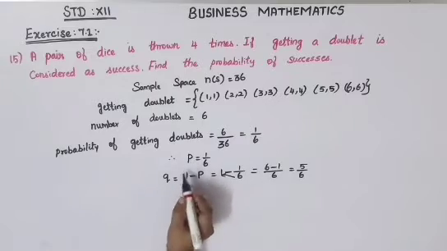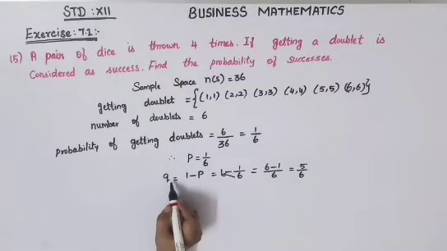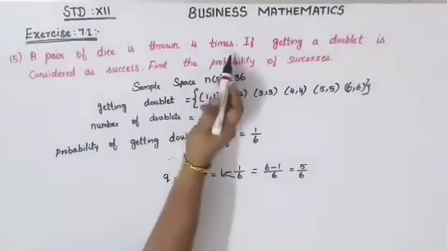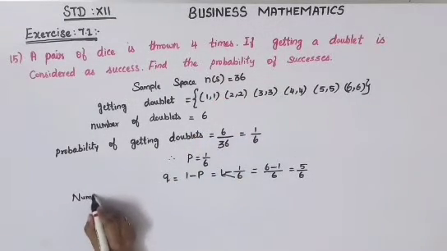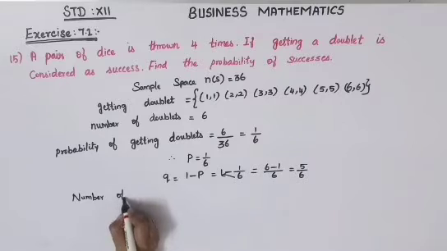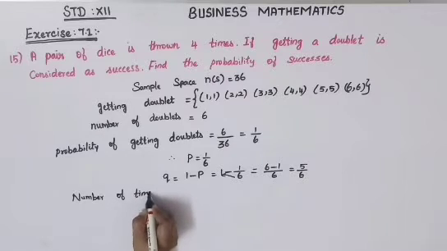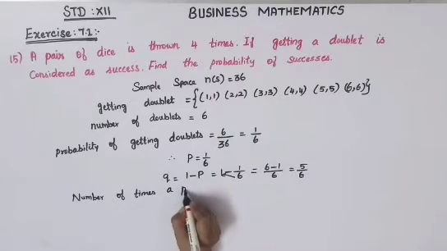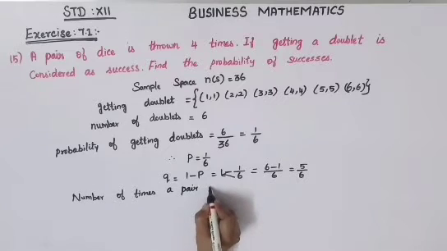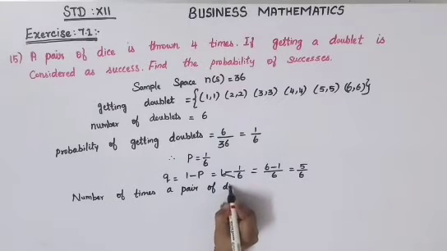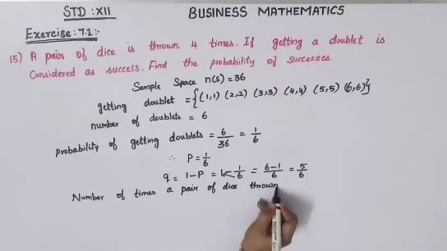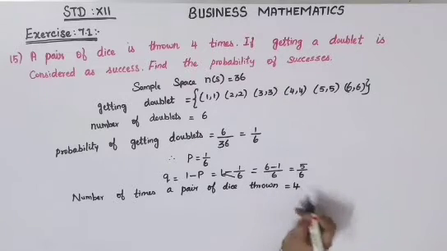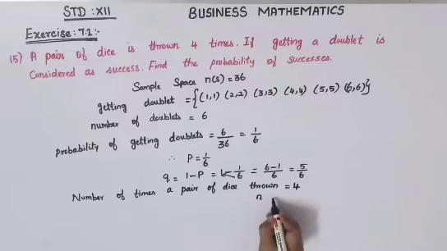So now your P is ready and your Q is ready. They have given that the pair of dice is thrown 4 times. So the number of times a pair of dice is thrown is 4. Therefore, you can write n is equal to 4.